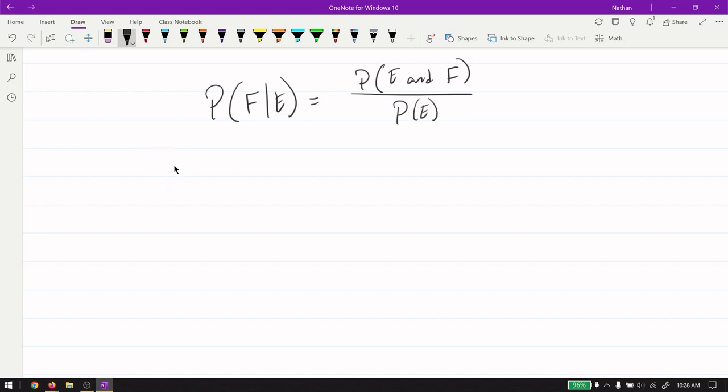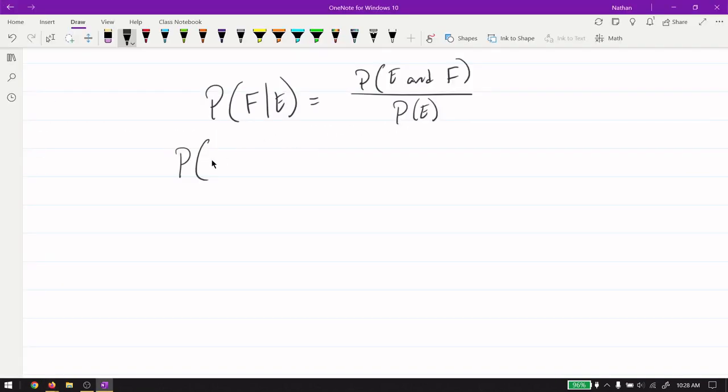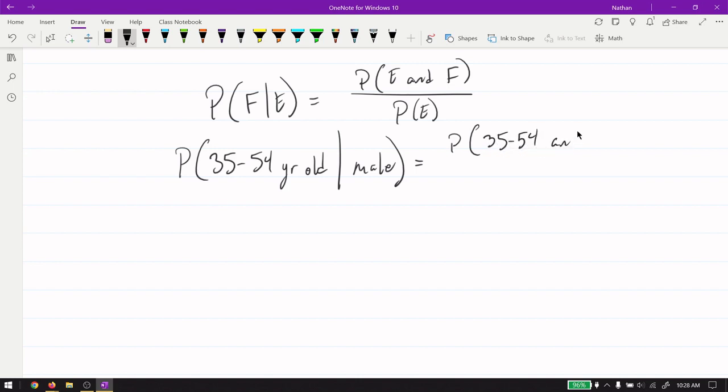And we know that we have the probability of 35 to 54 years old given that they were male is going to be the probability of both over the probability that they were male. Now, we have to find the probabilities for both of these two things.